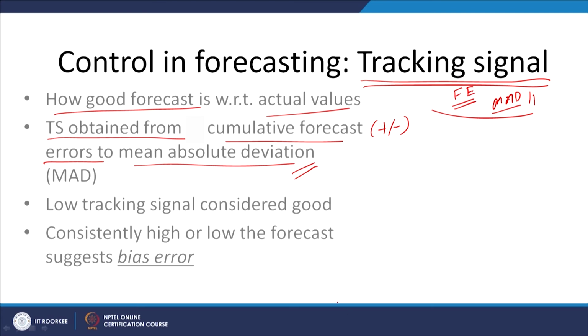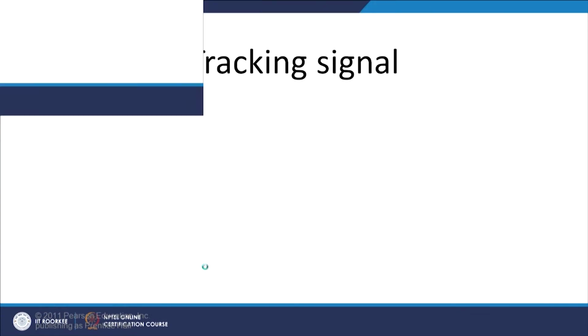A low tracking signal indicates that the forecasting approach is good, and consistently high or low values of the tracking signal show that the forecasting has a bias error, and we need to look into this.